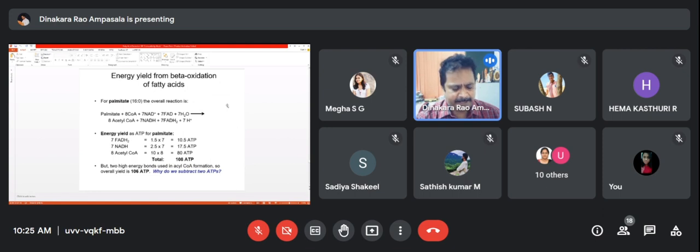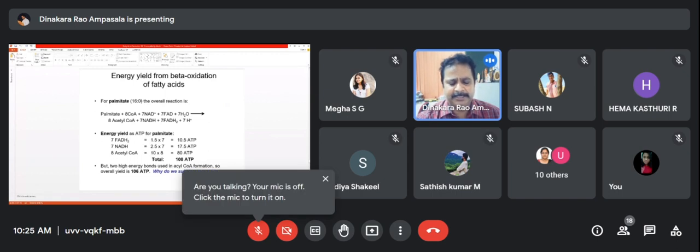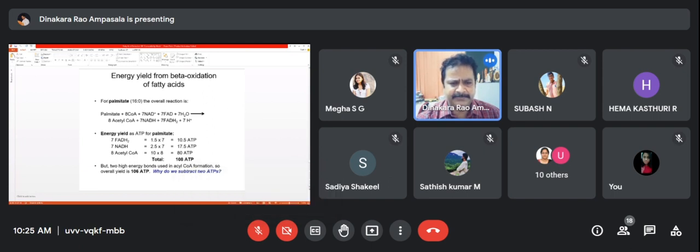So if you see energy yield by beta oxidation, take for example palmitate, which is a carbon 16 fatty acid molecule. In the overall degradation of palmitate, you get 8 acetyl-CoA molecules, 7 NADH and 7 FADH2 molecules.